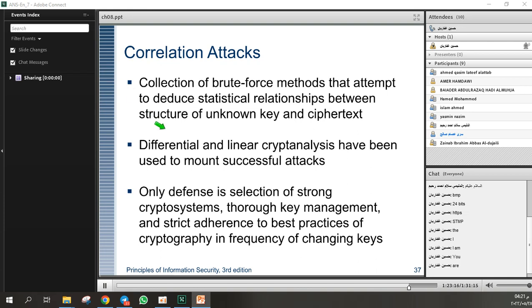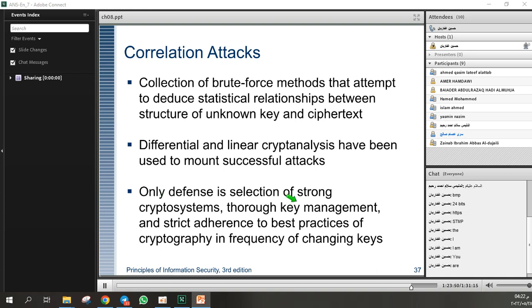So if I analyze differentially or linearly, I can find those relations in weak encryption systems. If I find those relationships, I can mount a successful attack. So to defend against these types of attacks, I need to use stronger crypto systems.